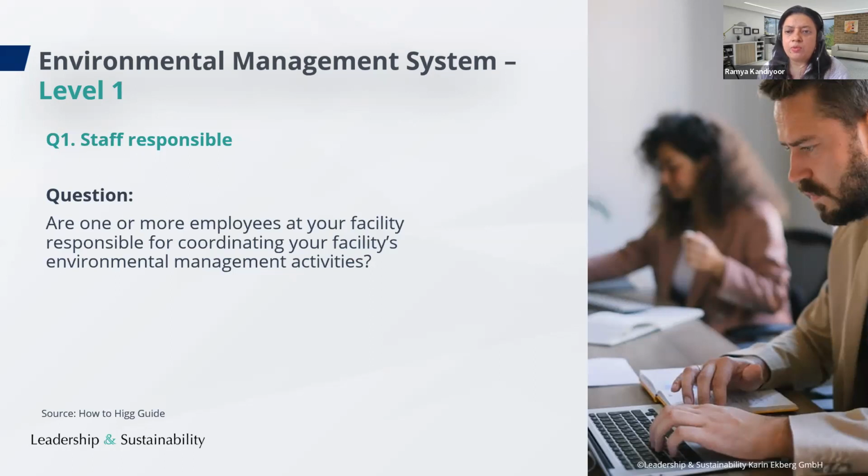Do you have one single contact for all of the environmental activities? Do you have a cross-functional team? So this is the intent of the question. And the intent also is that the brands to whom you will be sharing your module recognize the fact that you have allocated resources for the environmental activities that are happening at your facility.